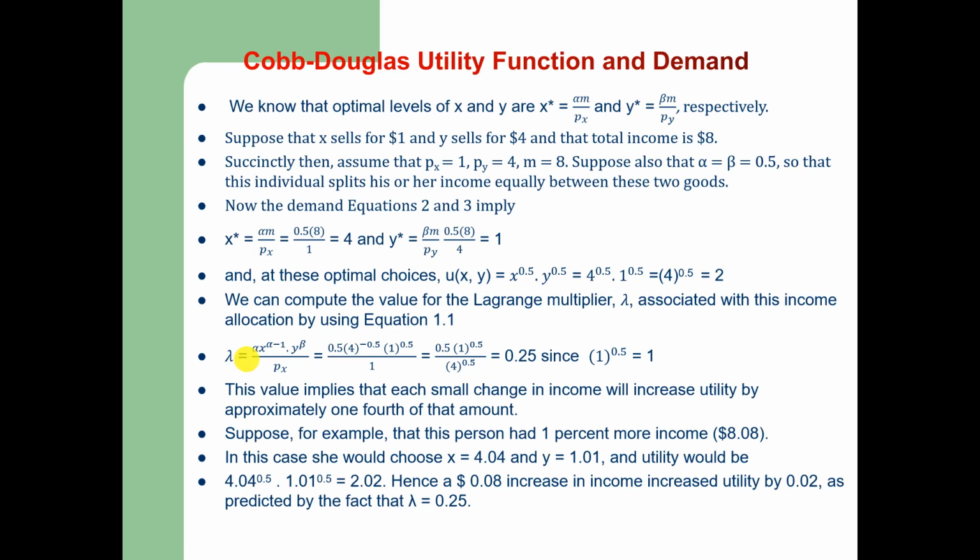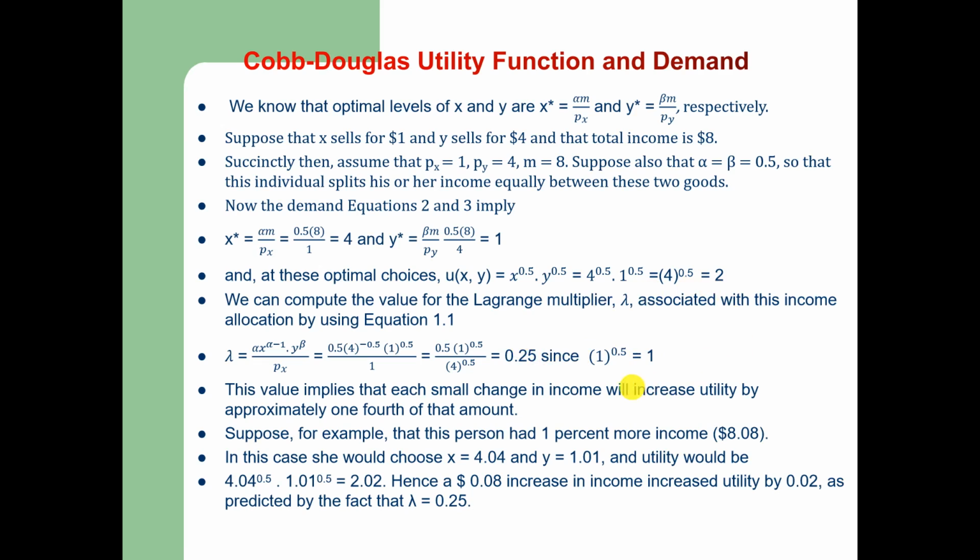Lambda is equal to alpha times x raised to the power alpha minus 1 times y raised to the power beta divided by px, and if we substitute these numerical values from here in this equation, then finally we get that the value of lambda is equal to 0.25, since 1 raised to the power 0.5 is equal to 1.